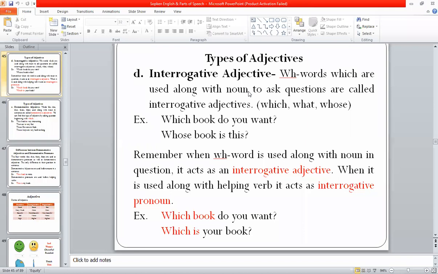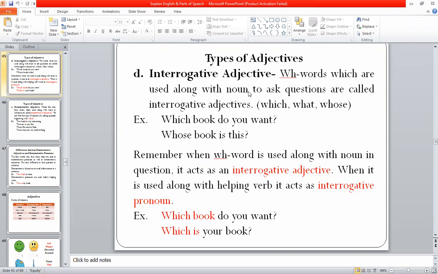In the first sentence, which book do you want? Here, which works as an interrogative adjective because which comes before a noun. Book is the noun and which comes before the noun. That is why it works as an interrogative adjective. If we see the next example below that, which is your book? So in this question, which is followed by the helping verb is.